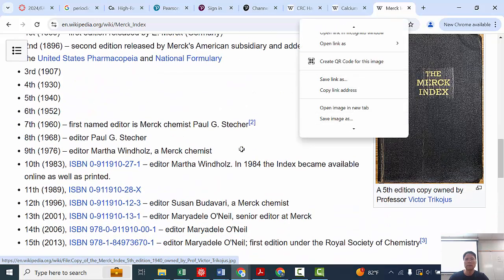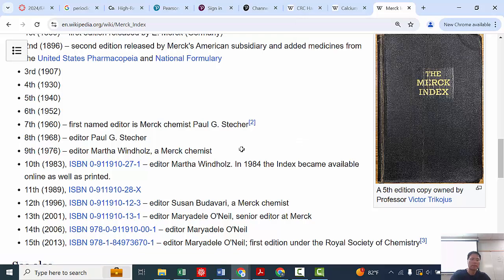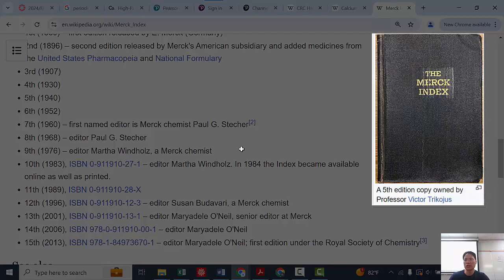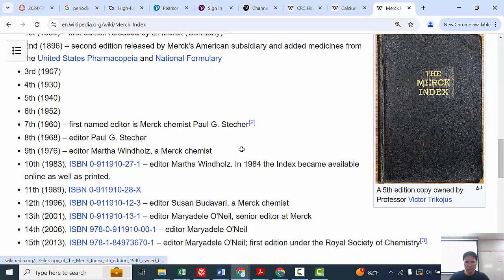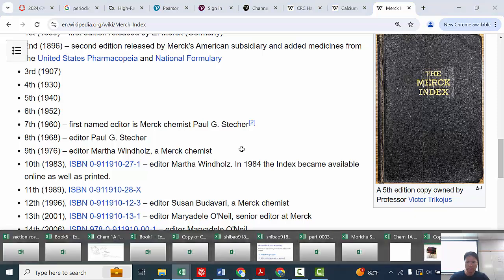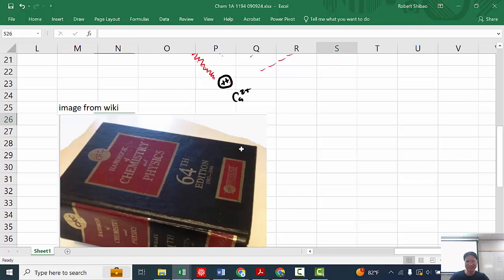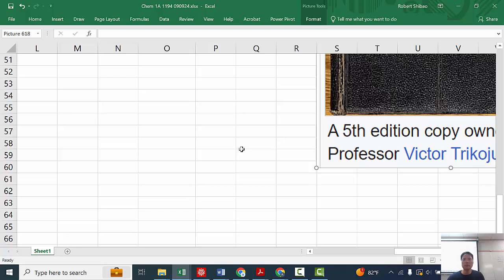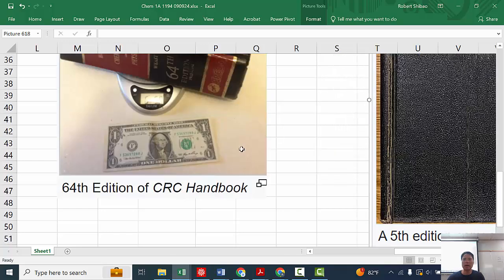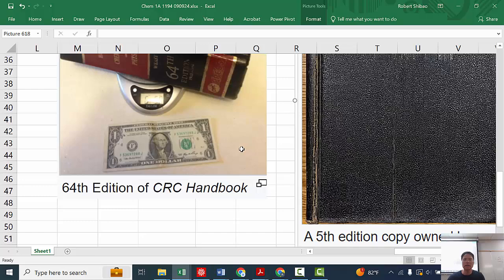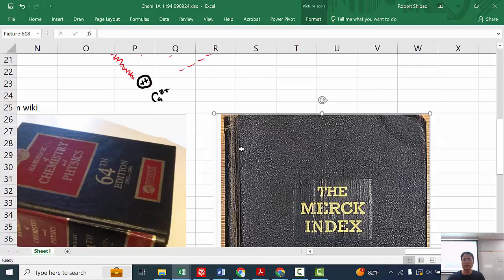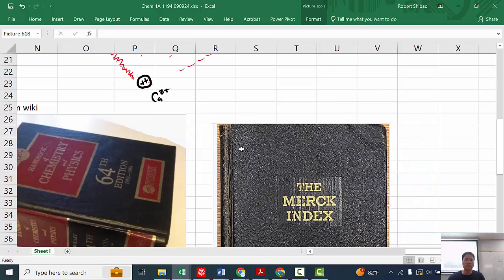So I'll just copy this image here. You can find a more recent edition in our library. Our library will have the Merck Index, as do all libraries. So again, the Merck is more for biological and organic, and the CRC has organics and some biologicals, but it's geared more towards inorganics.